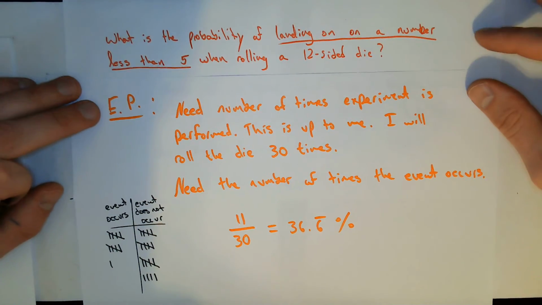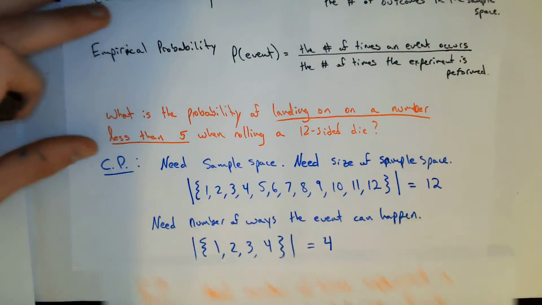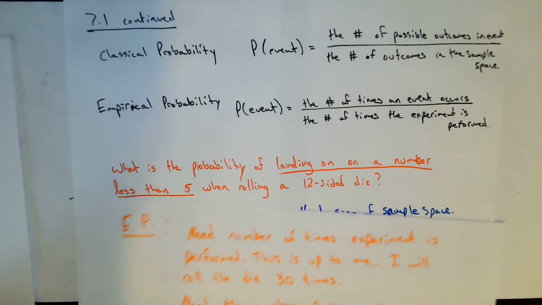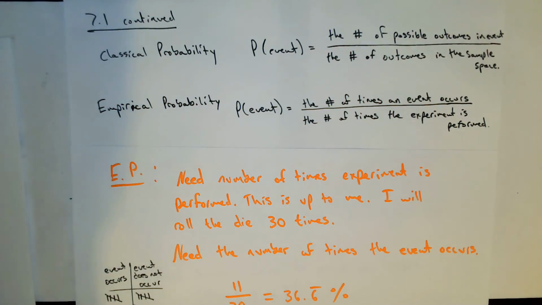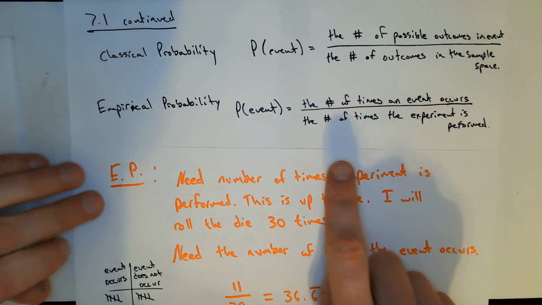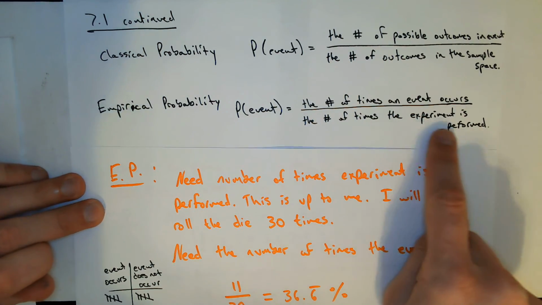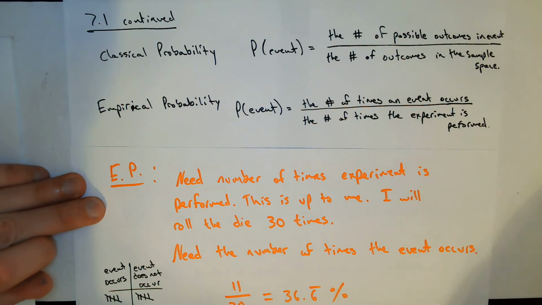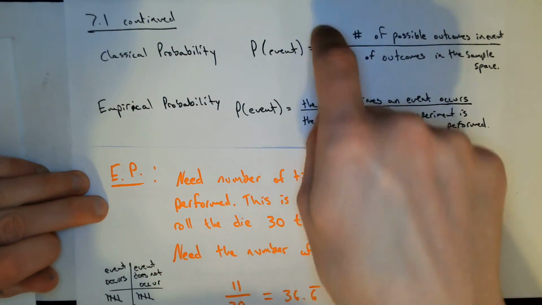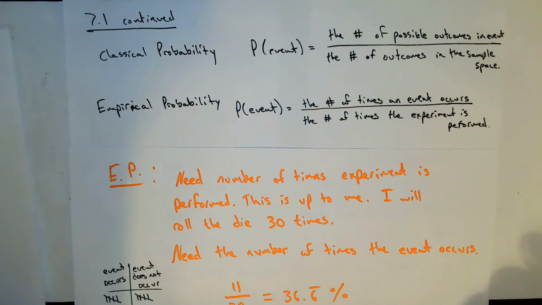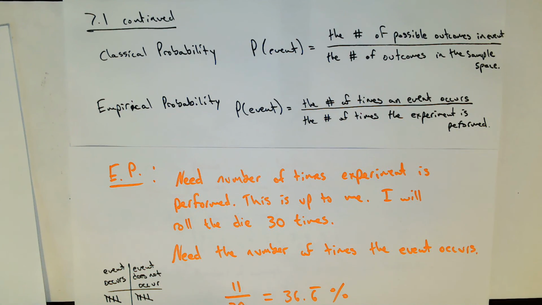The connection is that as the number of times you do the experiment goes higher and higher, these two numbers should become equal, as long as your classical probability was calculated correctly. Okay. Cool. That's it.